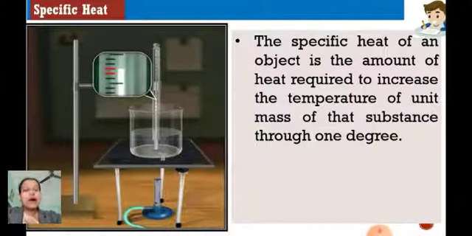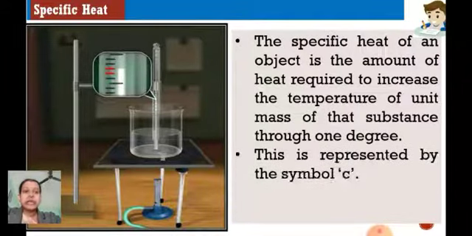Okay, and how is specific heat represented? Specific heat is represented by the symbol C. Remember, the specific heat of any given substance is represented by the symbol small c.